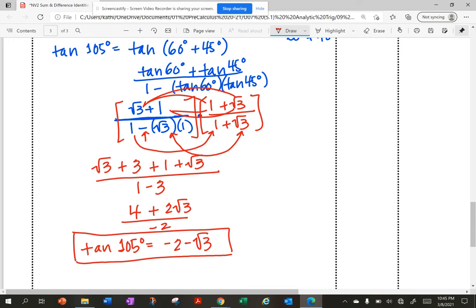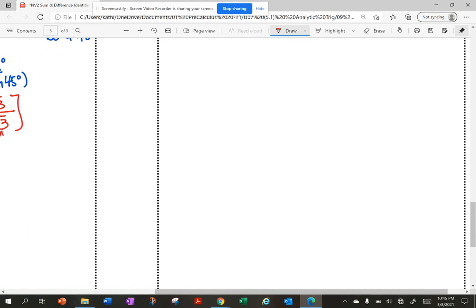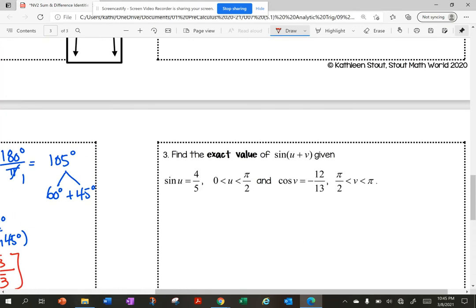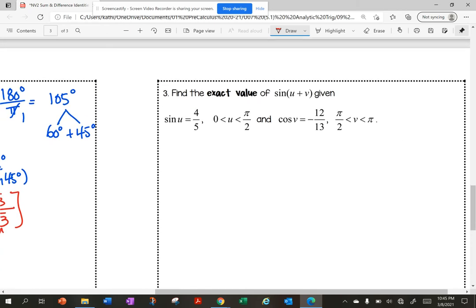Okay, last problem. Find the exact value of the sine of u plus v, given that the sine of u is 4 over 5, and u is between 0 and pi over 2, and the cosine of v is negative 12 over 13, and v is between pi over 2 and pi.